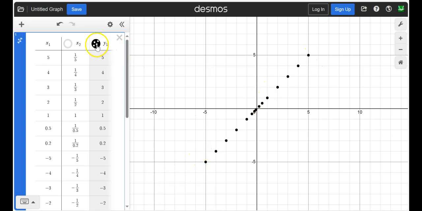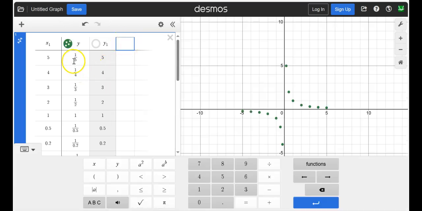Now, look what happens when we use the reciprocal. Here 5 became 1 over 5 for the new function, okay? Look at what happens to the new y function when we do a reciprocal.